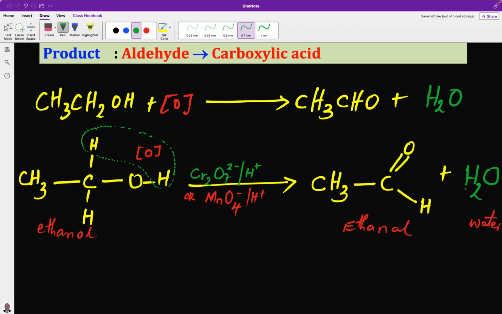And as soon as the ethanal is formed, it should be distilled off immediately. So that is our reaction. This is ethanal, which is the aldehyde produced by the oxidation of a primary alcohol, which is ethanol.